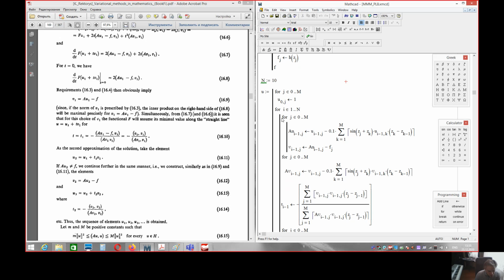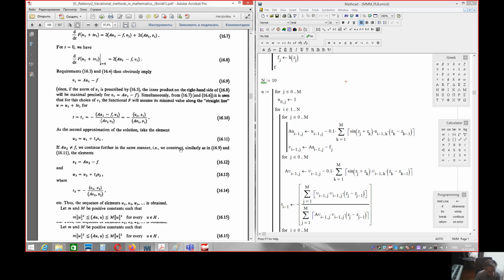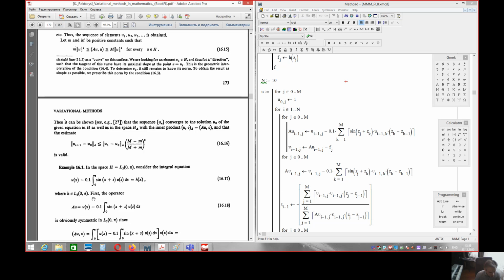Then we have n approximations of our solution, and we calculate each approximation for every point of our space net, in the bounds of the interval from A to B. So first of all, we have to calculate the operator A, this one in this case.